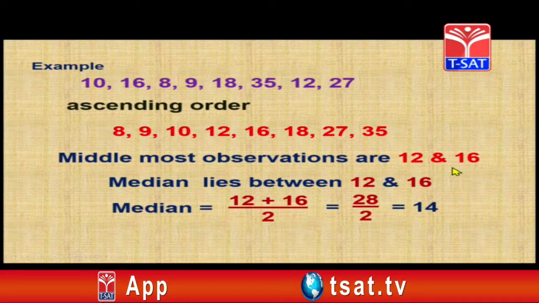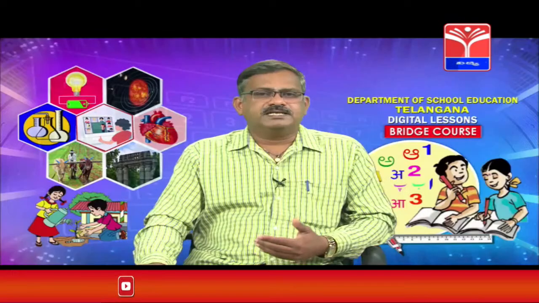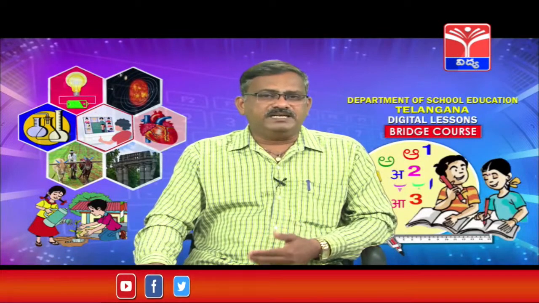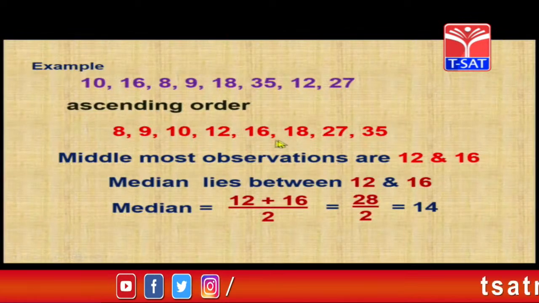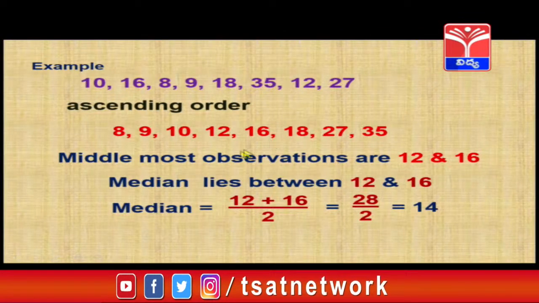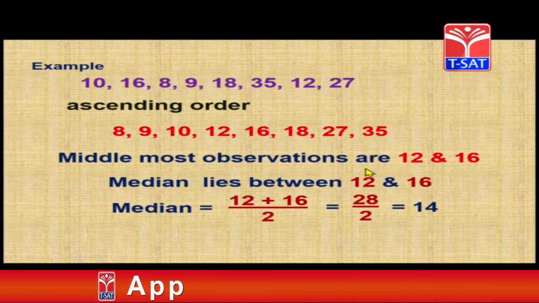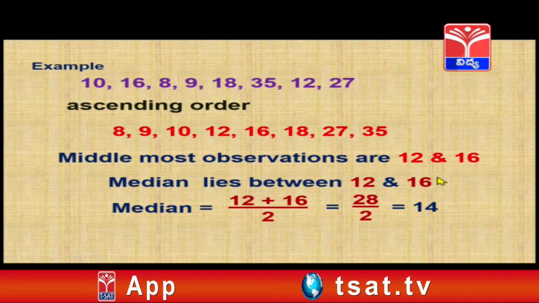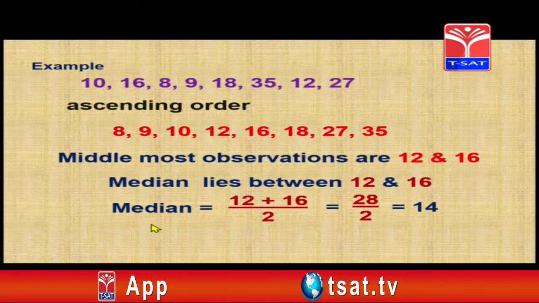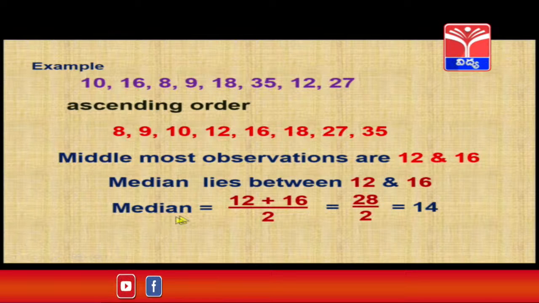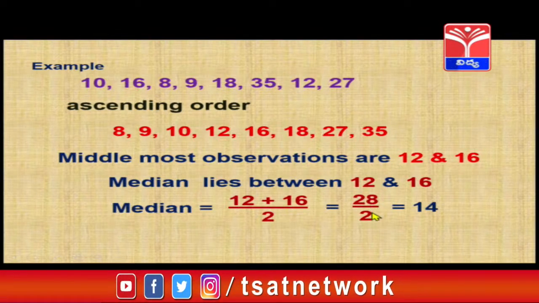As per the condition, your median must be in the middle, is it right? It must be between 12 and 16. So, the median lies between 12 and 16. So, in this case you find the average or mean of 12 and 16. Therefore, the median here is 12 plus 16 by 2, how much is it? 28 by 2, that is 14.